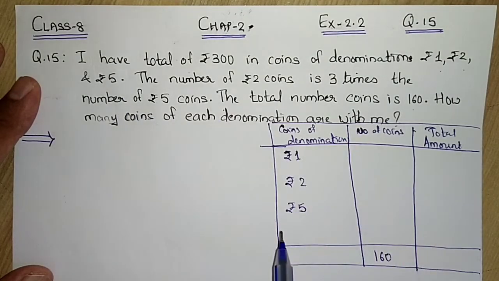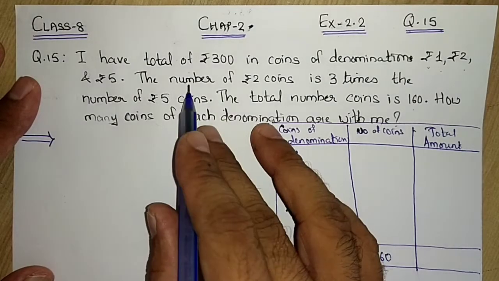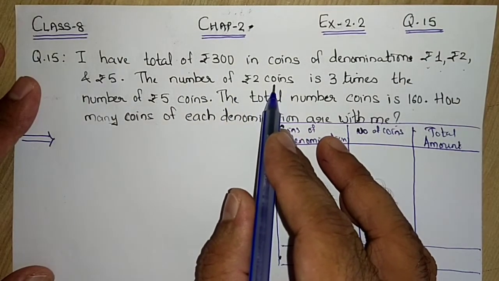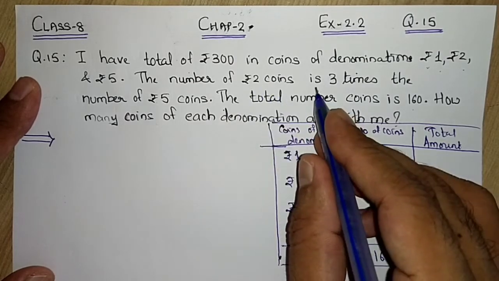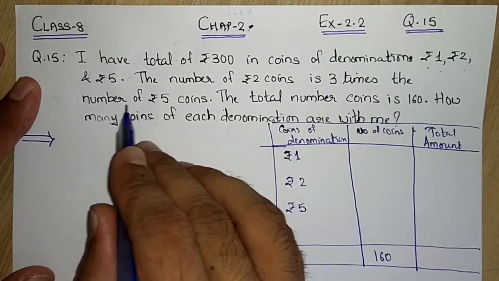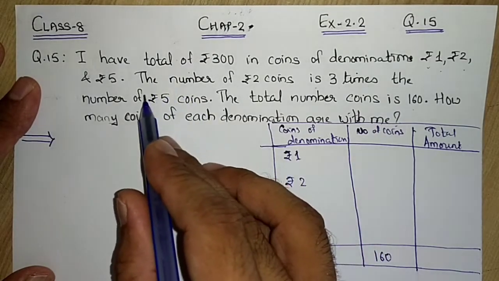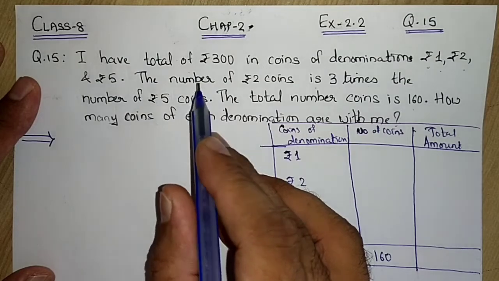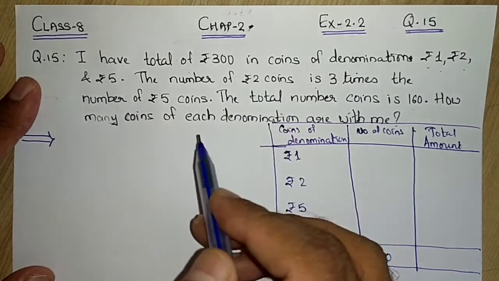No other rupees, no other coins, only rupees 1, 2 and 5. They have given us a hint that the number of rupees 2 coins is 3 times the number of rupees 5 coins. So whatever the number of rupees 5 coins is, you multiply it 3 times, and it will be the number of rupees 2 coins.